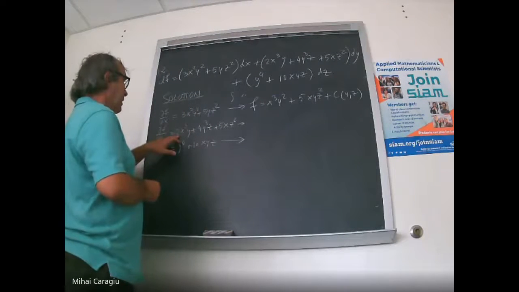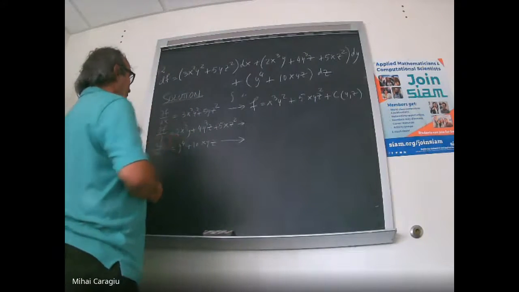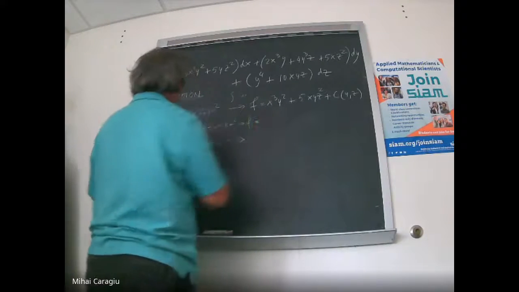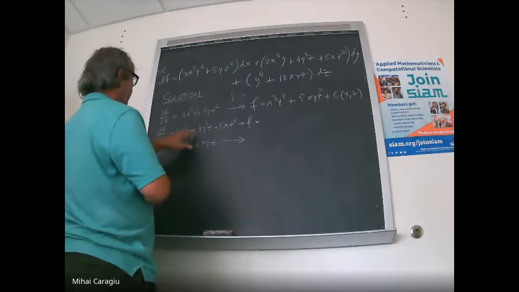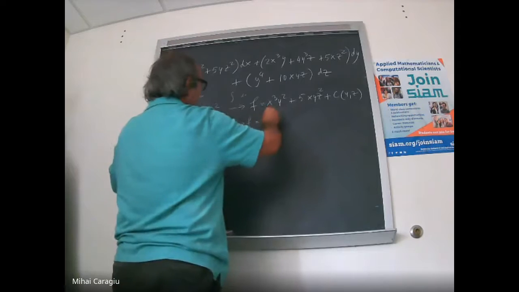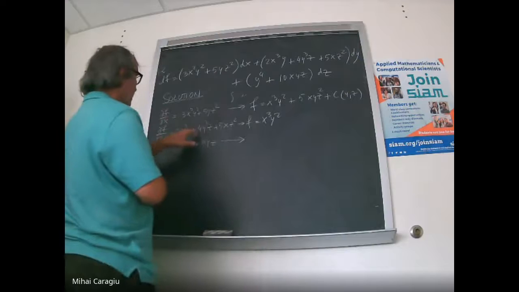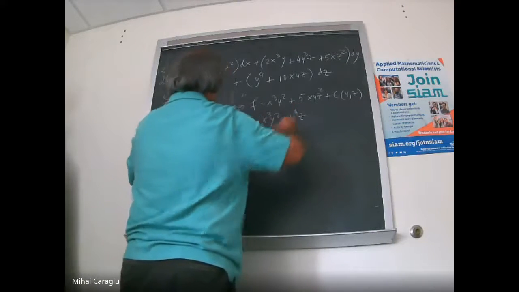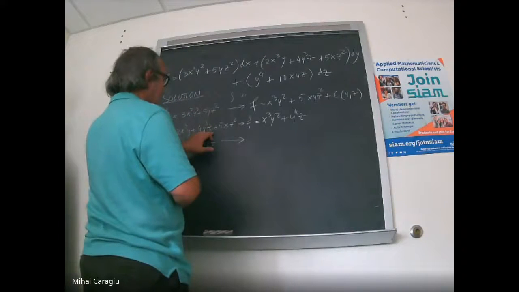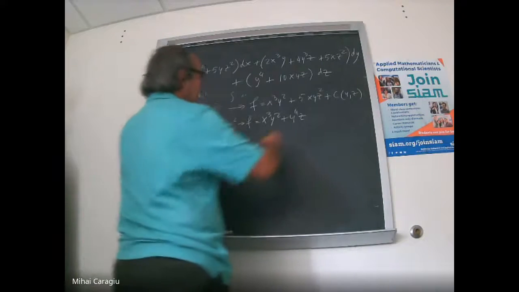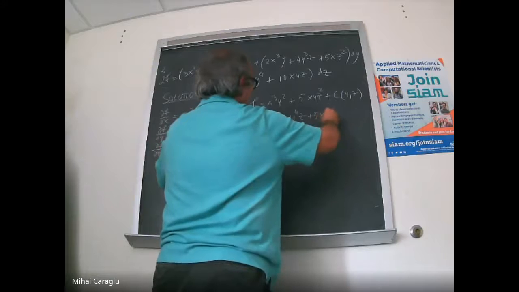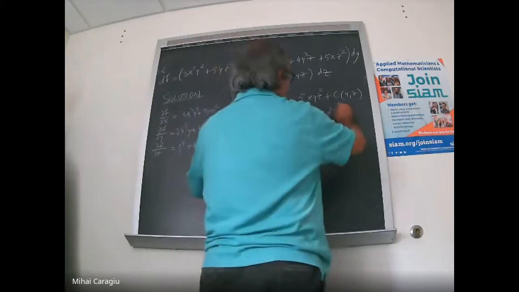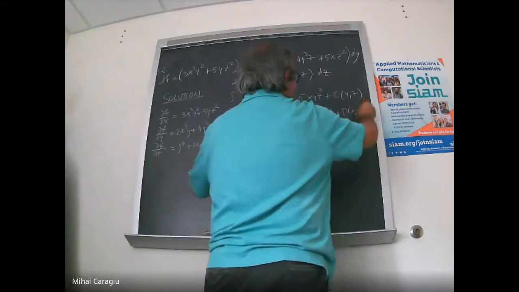Second, we integrate with respect to y. So f will be x cubed y squared from the first one, plus y to the power 4 z from the second one, plus 5xyz squared, plus a constant which depends on x and z, d of x and z.